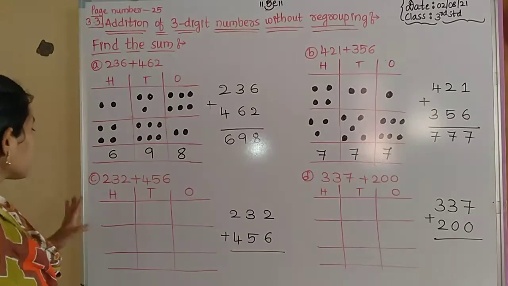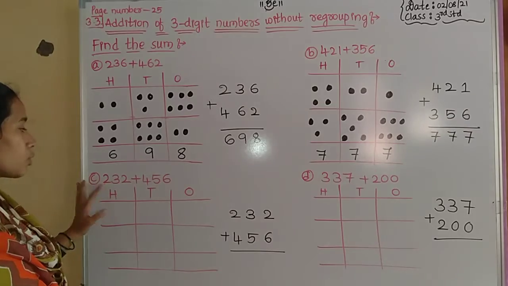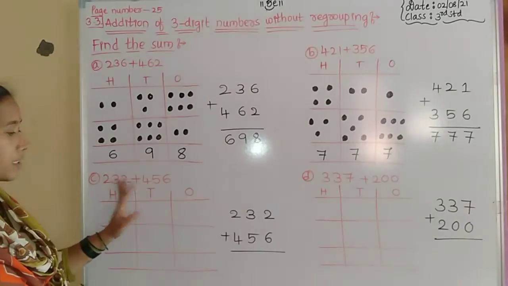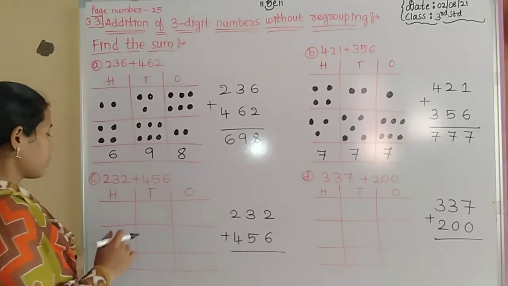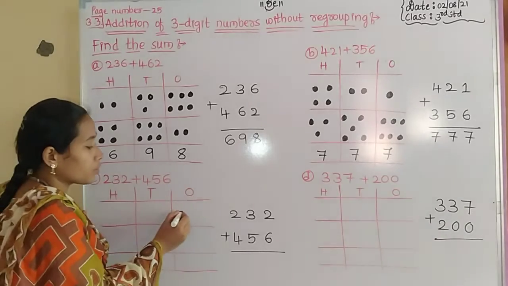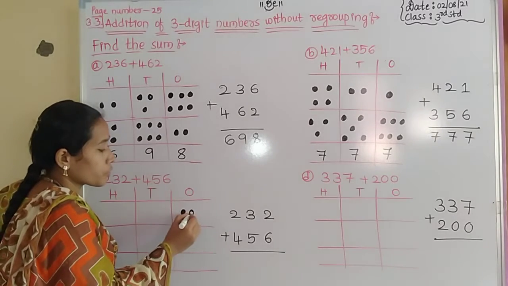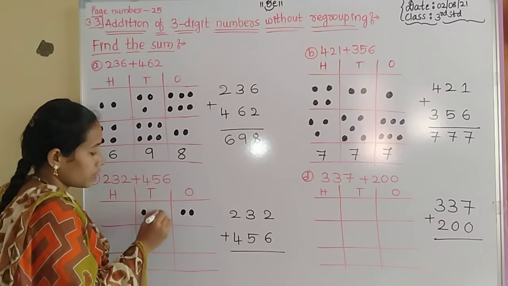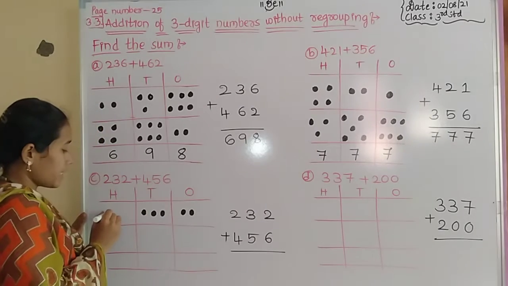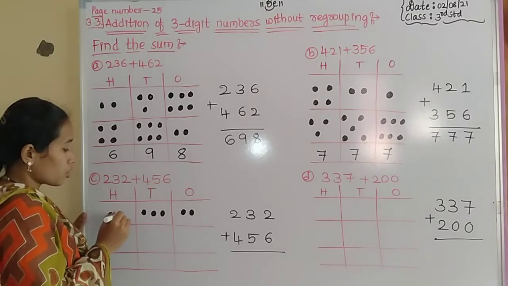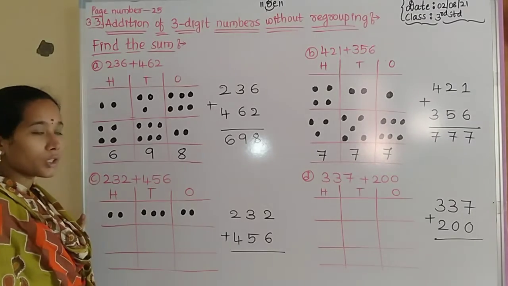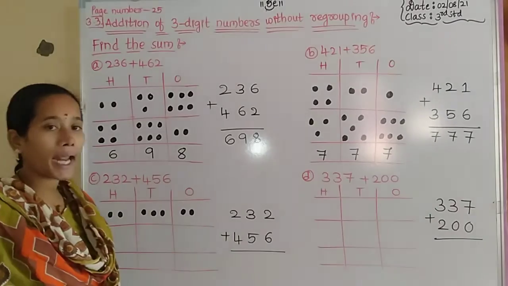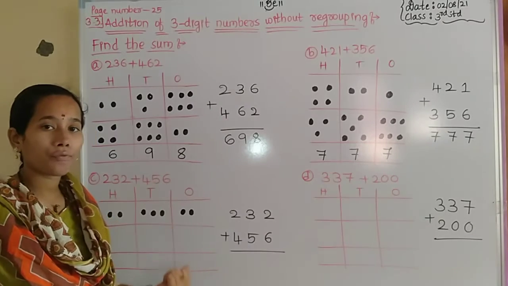Then the next one, 232 plus 456. We have to add the numbers. 232: in the ones placement, 2 dots; in the tens placement, 3 dots; and in the hundreds position 2, so represent with 2 dots. Then the second addend is 456.